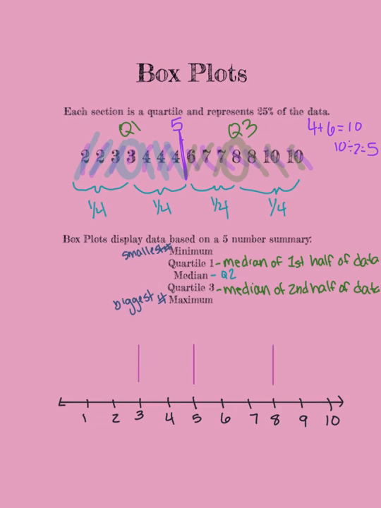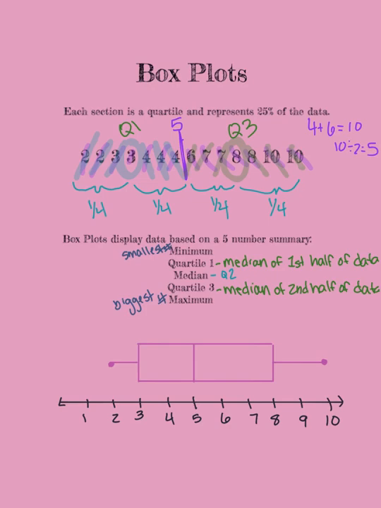Now I'm going to connect those lines to make a box. So now I'm going to use my minimum and maximum. I'm going to start with my minimum, which was 2. So I'm going to put a dot above the 2 right here, and my maximum was 10. So I'm going to put a dot right here. And I'm going to connect the dots to the box. I now have my box plot.